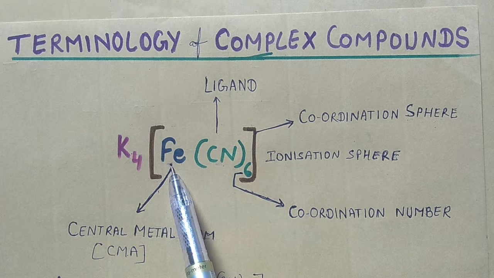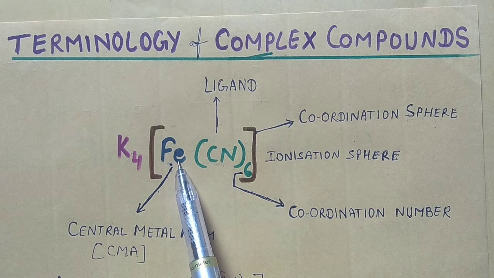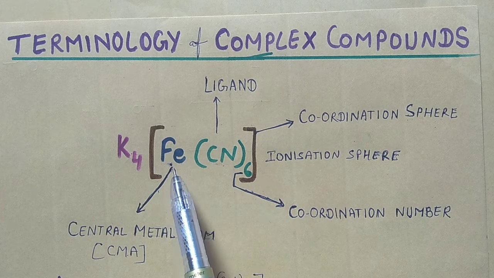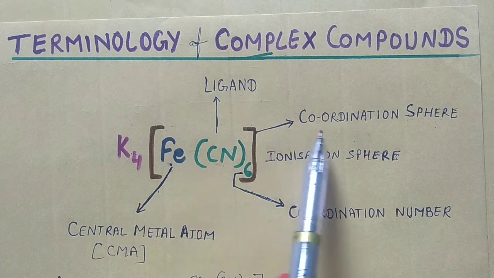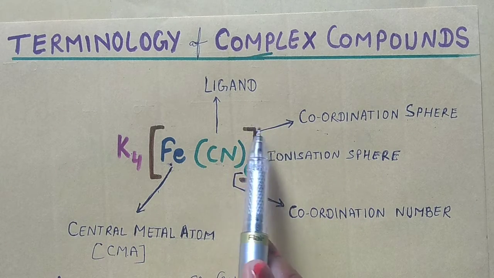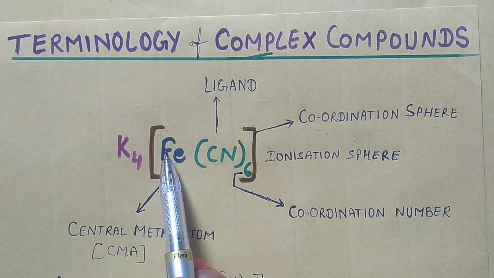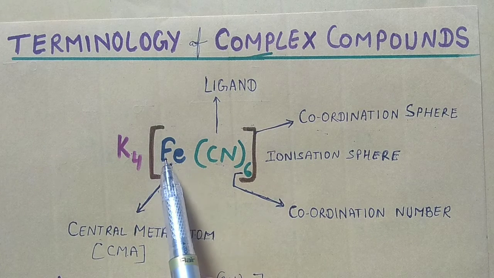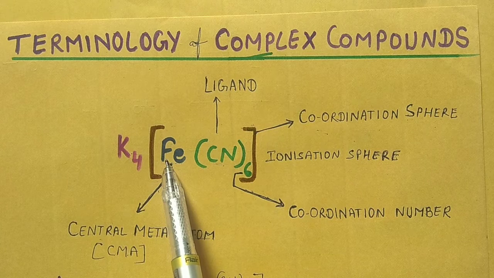As we have discussed in d block elements, transition metals form complex compounds because they have vacant d orbitals to accept electron pairs to make coordinate bonds. So first is the central metal atom with vacant d orbitals, which works as the acceptor of the dative bond.